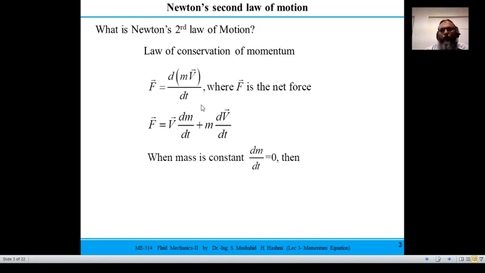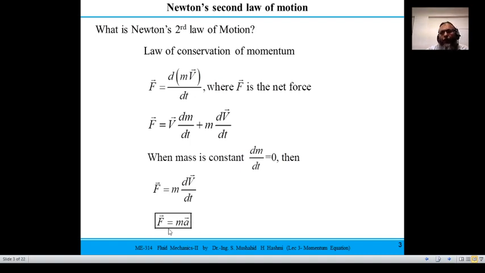Whatever the velocity vector is, if the mass is constant, this term is 0, and 0 multiplied by the velocity vector turns into 0. So you end up with only this term, mass times rate of change of velocity. As we have already seen, the rate of change of velocity is acceleration. So you end up with F equals m a.